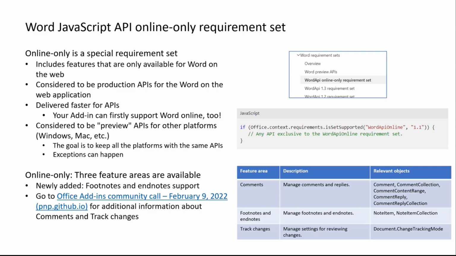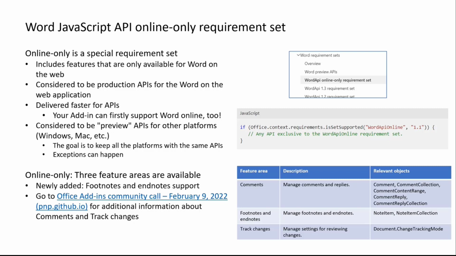Back in February, we introduced comments and track changes as a preview version. But in the GA version in this online-only set, we added more capabilities for comments, and we also added support for footnotes and endnotes.